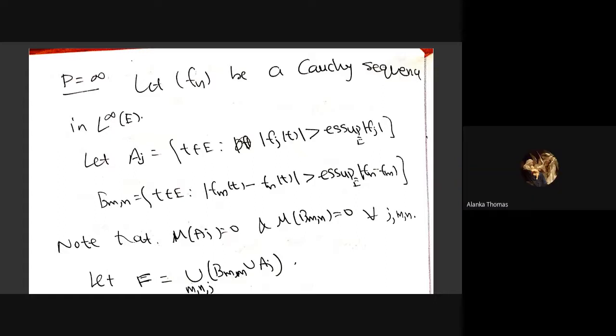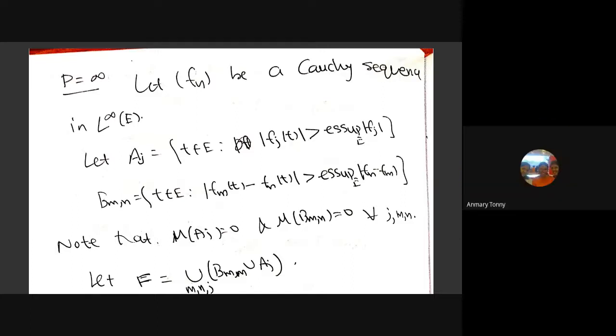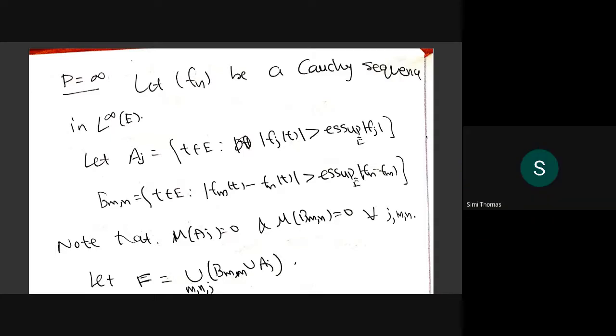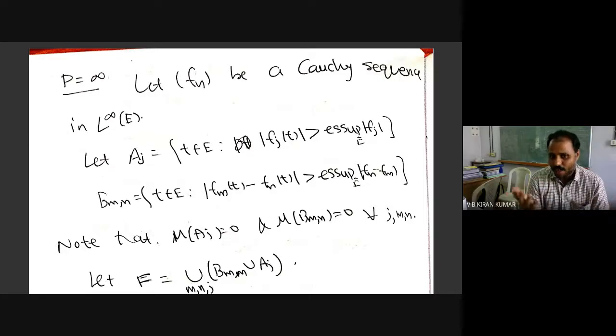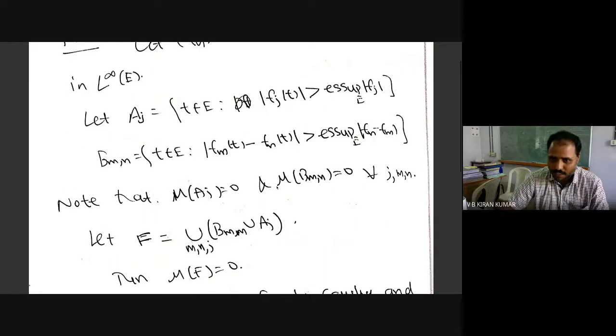By the definition of essential supremum. Actually, essential supremum is also an essential bound, that is what we proved. And what is special about an essential bound? It is the infimum, and the set of points above it will have measure 0. So AJ and BMN have measure 0.